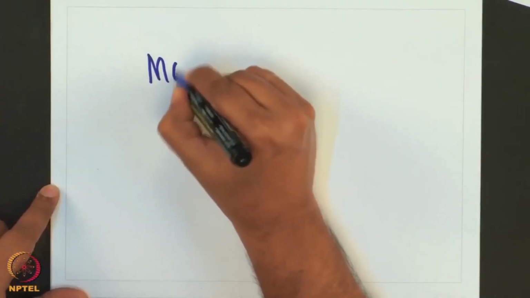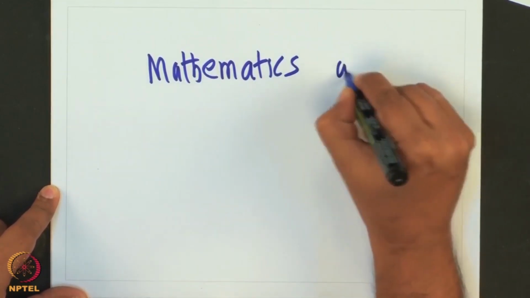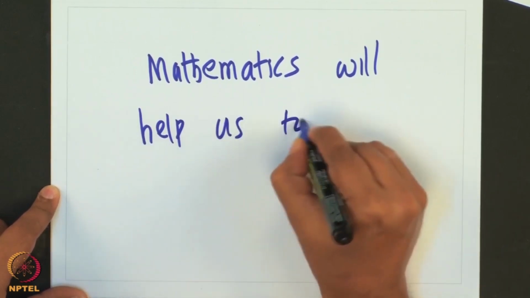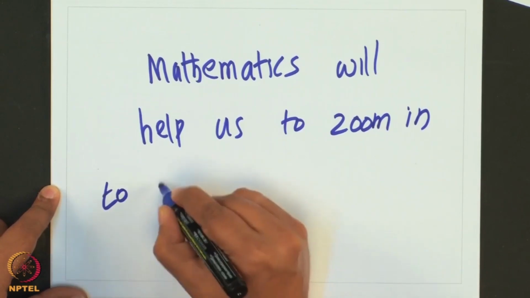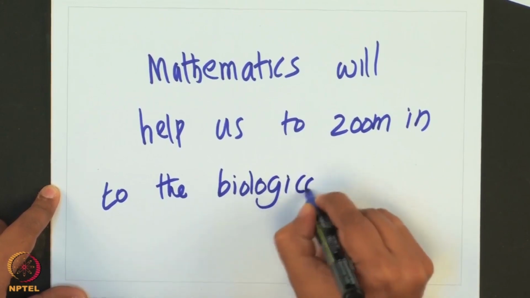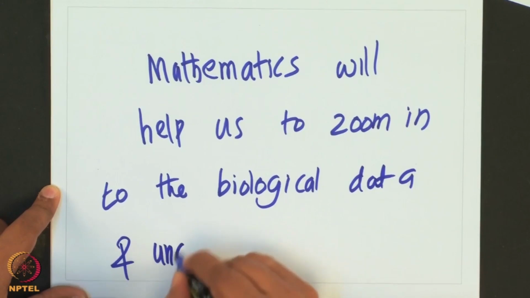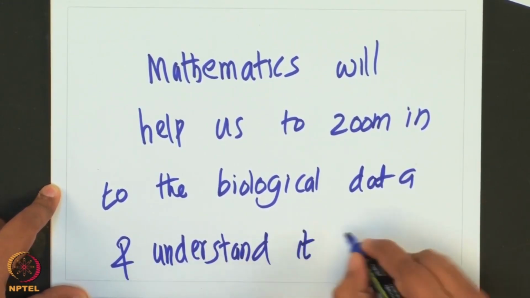So the suggestion here is that mathematics will help us zoom in to biological data and understand it better.